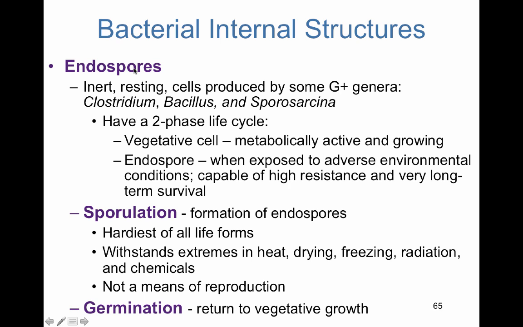Now, endospores are only formed in specific genera of bacteria. You only find spores being produced from the Clostridium genus, the Bacillus genus, and Sporosarcina. Just for some application or relation to disease: if you have heard of anthrax or different forms of food poisoning, Bacillus anthracis is the causative agent of anthrax.